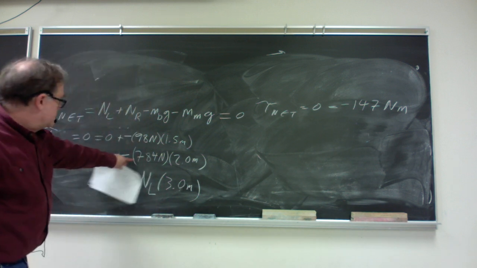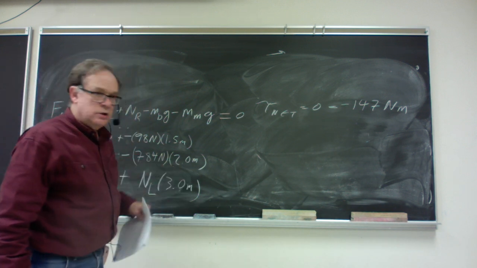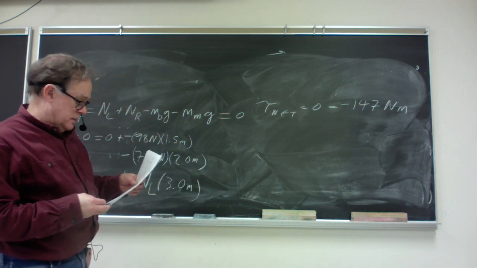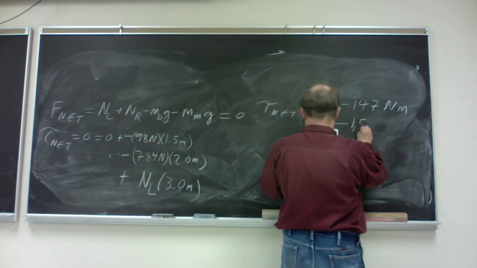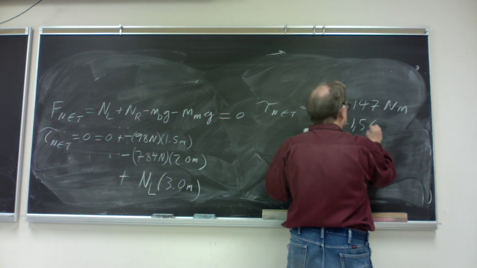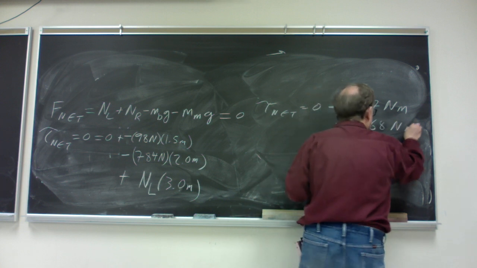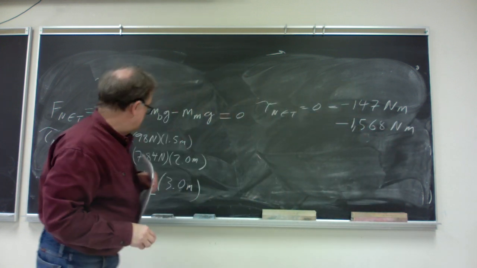And then the next one, 784 newtons times 2 meters, is minus 1,568 Newton meters.